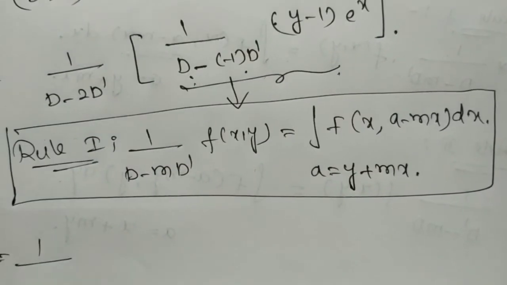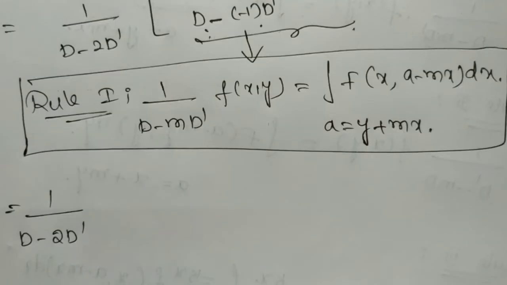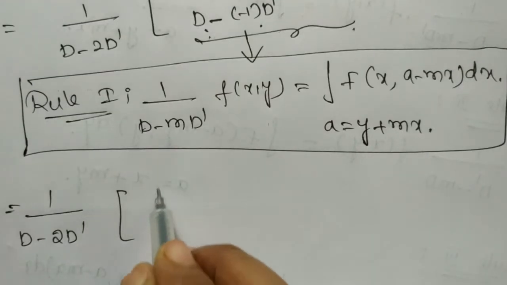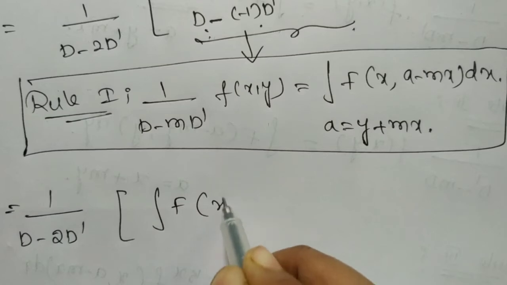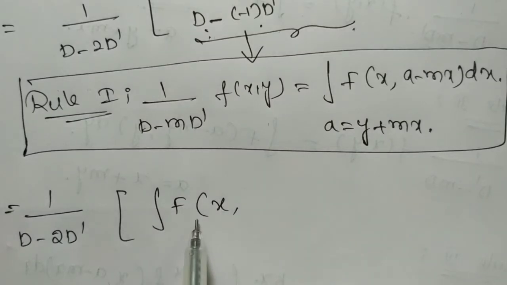By using this rule, 1 by D minus 2D dash into the integration of f of x, y, where x is as it is.